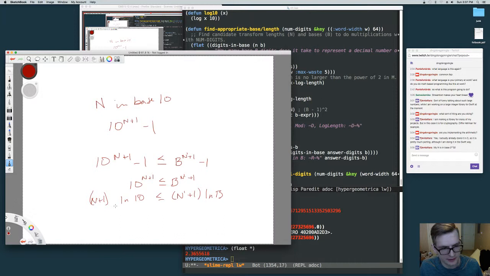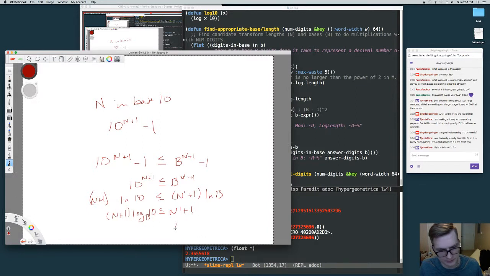Cleaning this up now, we just do n plus 1 log base b of 10 is less than or equal to n prime plus 1.